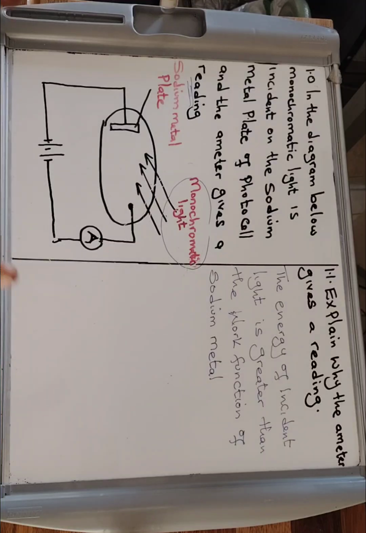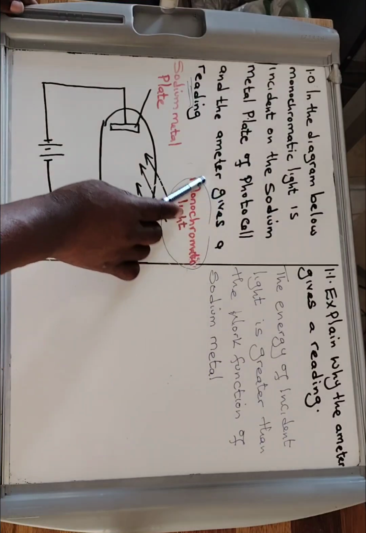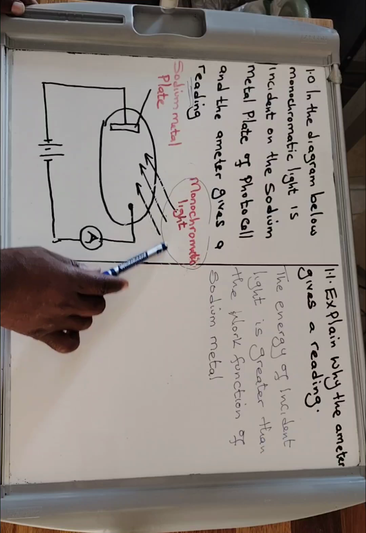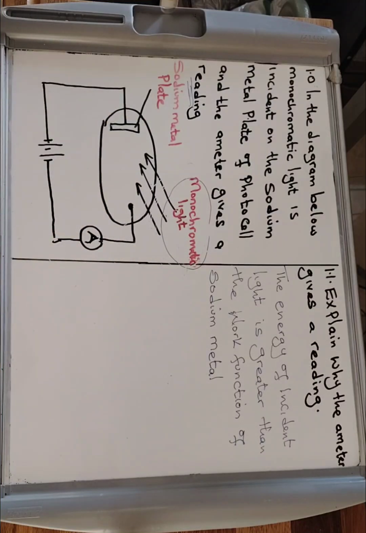Now, under what circumstance will the ammeter not give a reading? If the energy of the incident light is less than the work function of the metal, then the ammeter will not give a reading.